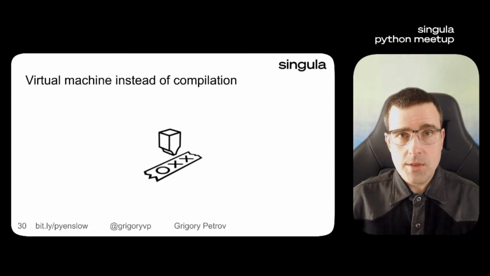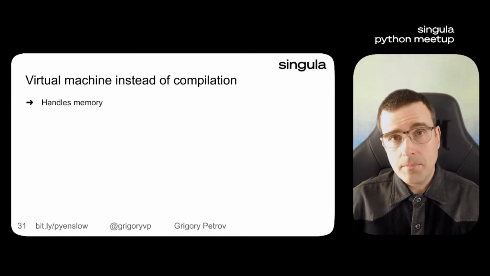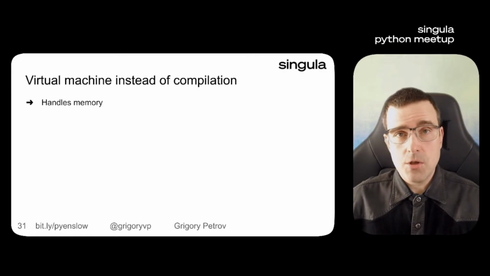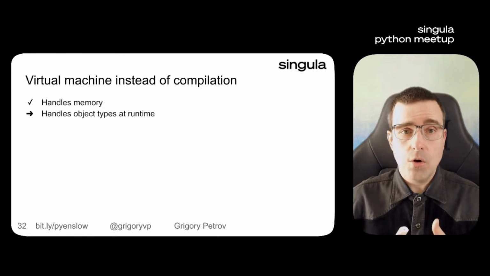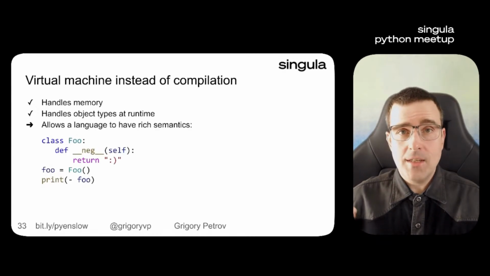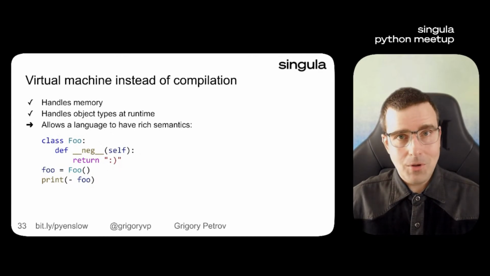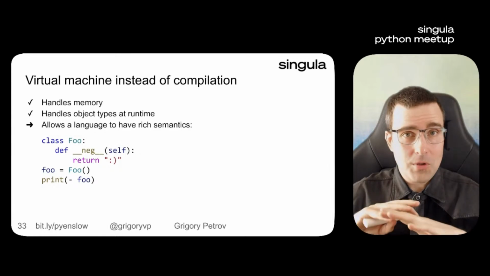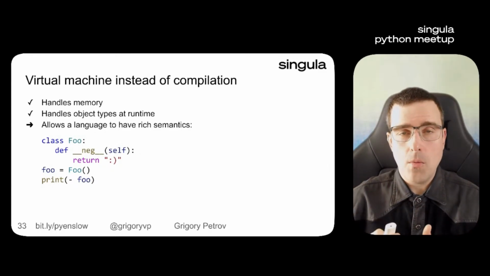Virtual machines, instead of compilation, handle memory allocation, deallocation, access. They handle object types at runtime, and they provide rich language semantics. For example, with the Python programming language, we can easily change how negation works for our type, and all our code works completely different now.